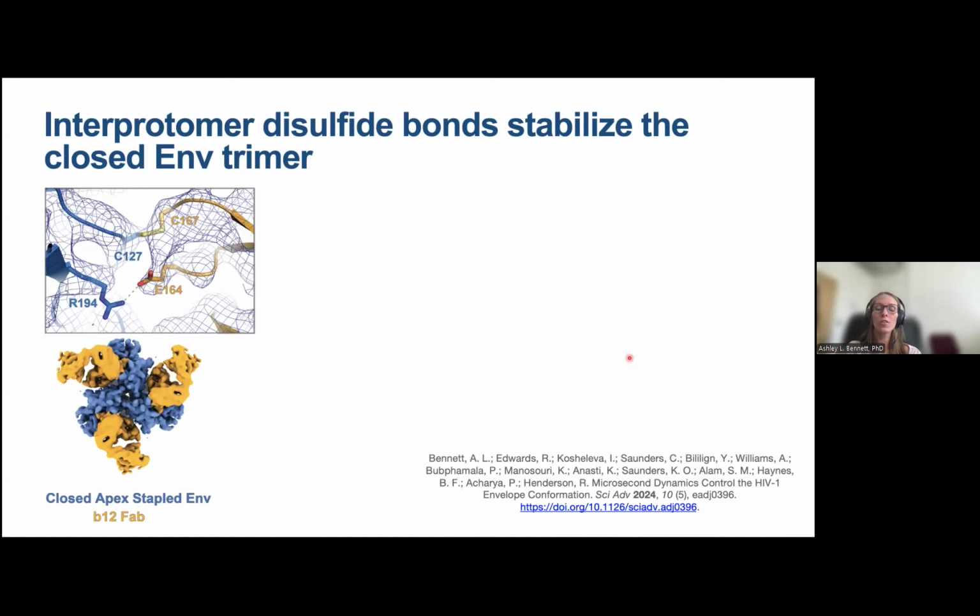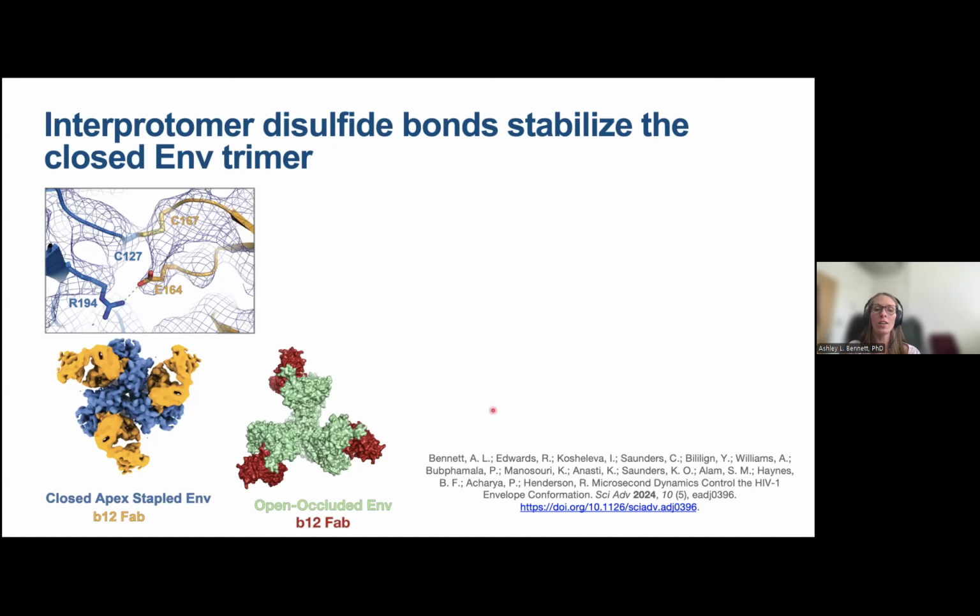This was shocking to us because B12 is an antibody that has been shown to bind the open occluded structure and not bind the closed structure. We did not believe it was able to bind the closed structure, but we saw in our cryo-EM studies and through our binding studies on this design that it indeed does bind, and it is in a closed structure.